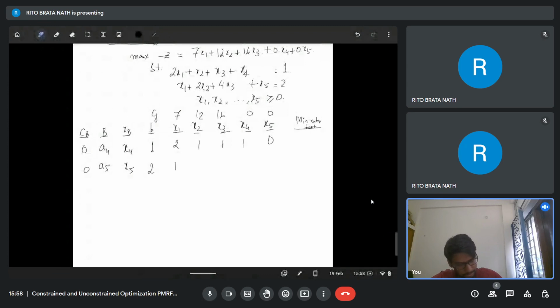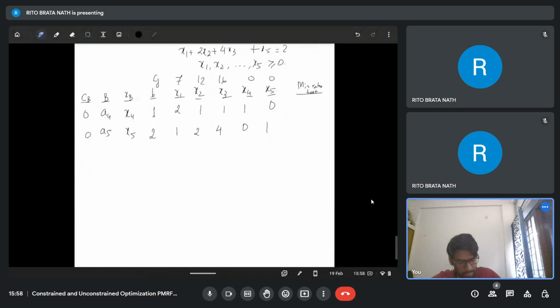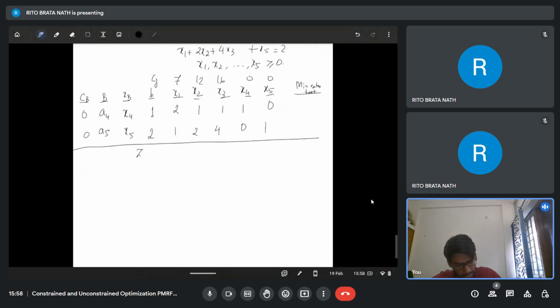This one is 1, 2, 4, 0, 1. Now let's compute your reduced costs. These are your minus 7, minus 12, minus 16, 0, 0. This will enter. This will be 1. This will be half. This will be your pivot. Let's move on to the next stage.